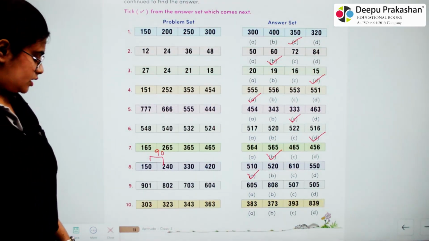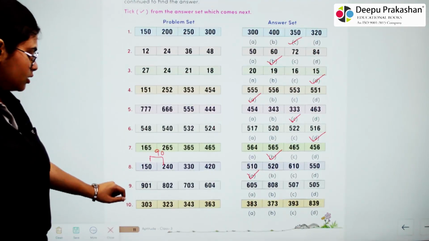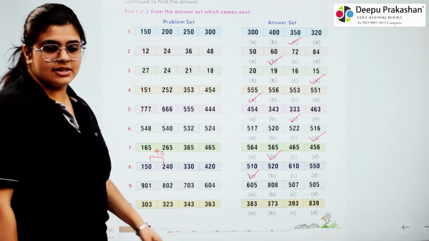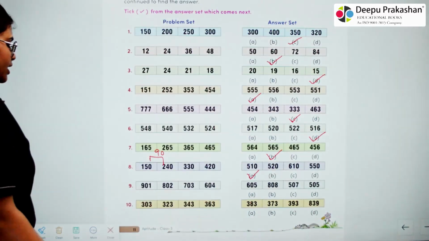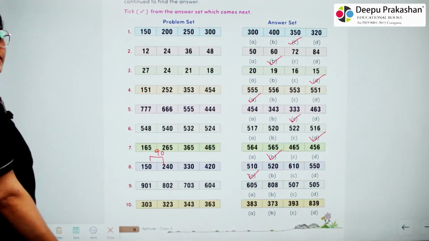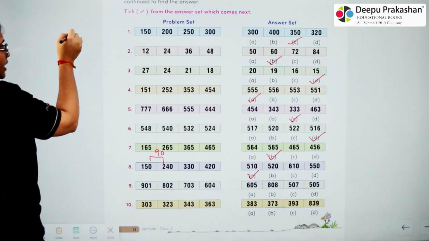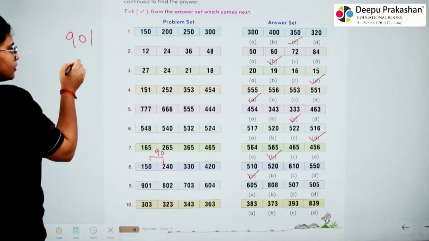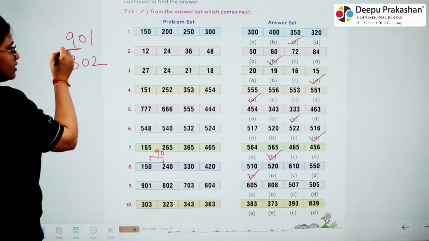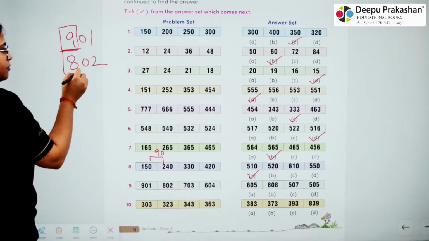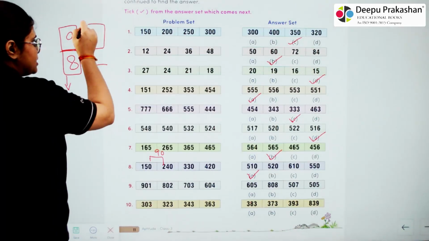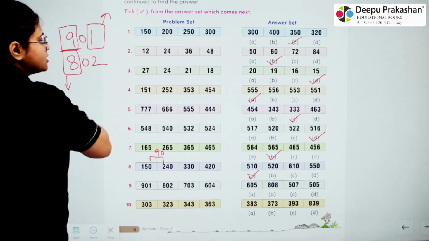Ninth, we are given 901, 802, 703, 604. Here if we look at the first number and the second number, we can easily see that the number at the hundreds place is decreasing and the number at the ones place is increasing.